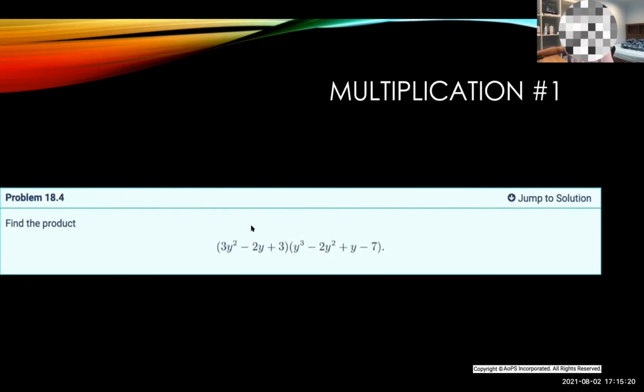All right, now we're gonna look at multiplying polynomials together and see if the degree changes. So do this function, just use the FOIL method, so it's 3y squared times y cubed, 2y, y, and 7. Just do it for all of them and add them together.